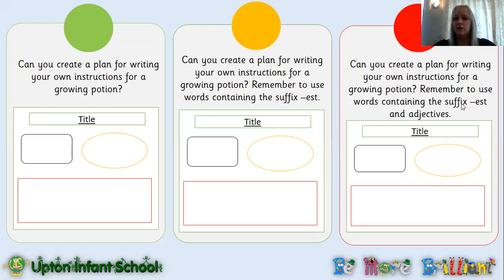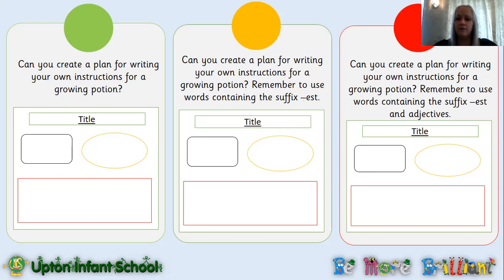So you could have softest blue unicorn, okay? And then that might give you maybe an idea that you're going to have the softest blue unicorn hair. You could have the greenest shiny crocodile skin, okay? It's entirely up to you. I'd like you to try and add an extra adjective in with your writing.